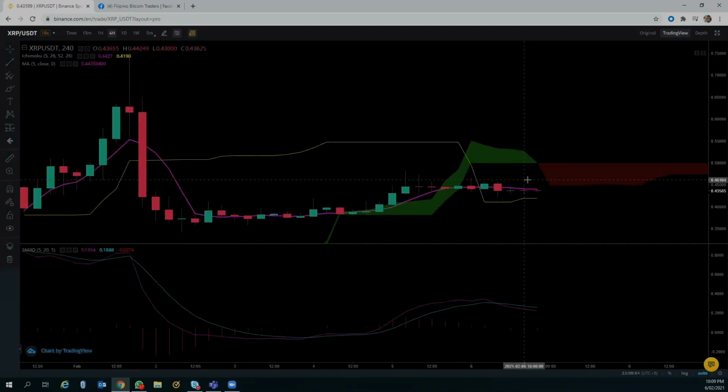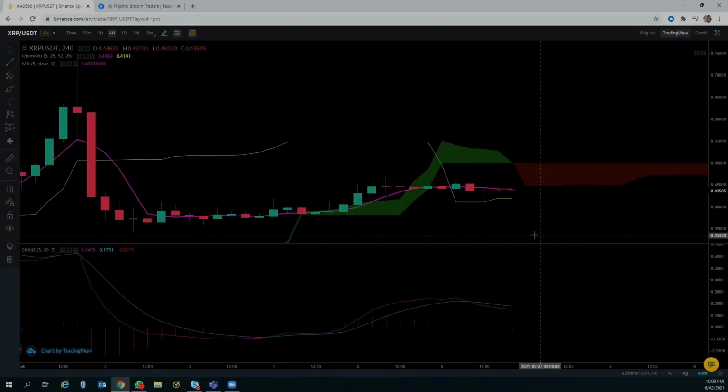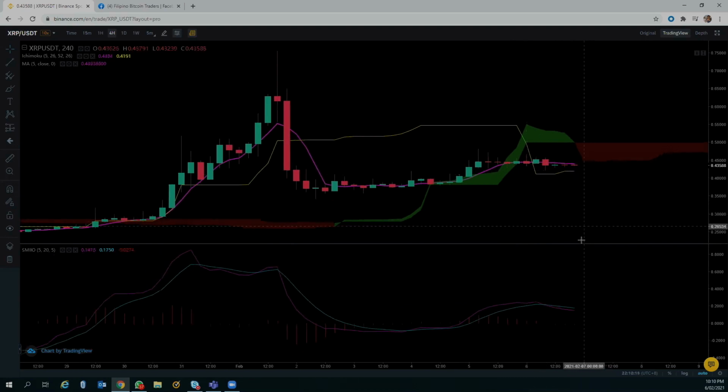So intindihin muna natin yung graph. So let's say for example dito, ang pinaka-efficient dito is if in case na ang price ni XRP or ni Ripple mo go down below this yellow line, meaning pag nag-go down siya sa yellow line, meaning wala na siyang support. Current support niya ngayon is ito, yung baseline natin, which is yung yellow line.